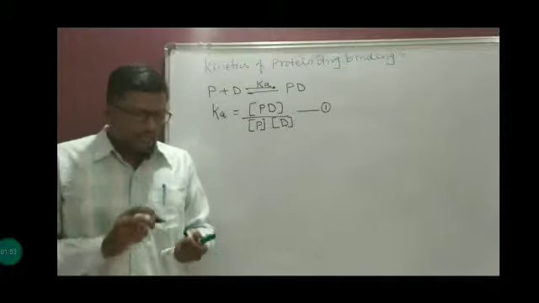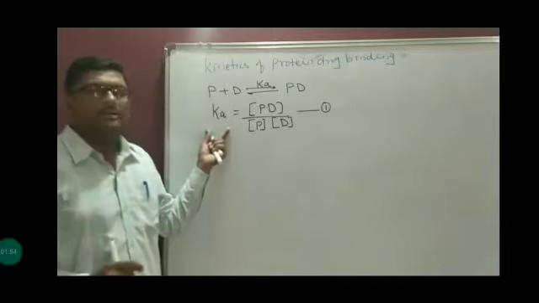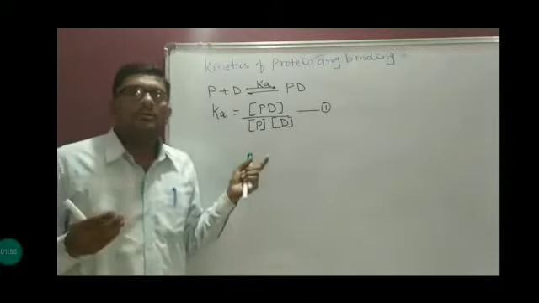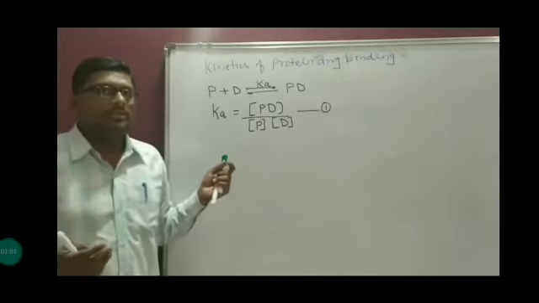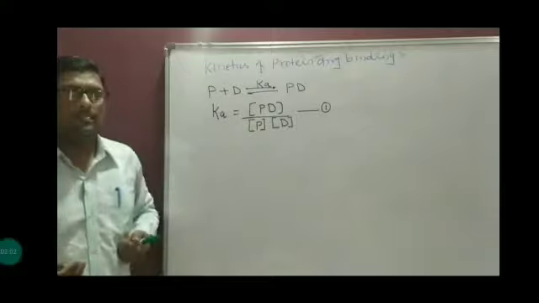Now the value of K determines how strongly the drug protein complex is bound; the greater the value of K, the stronger the binding.